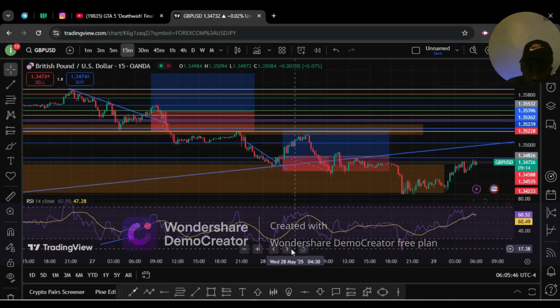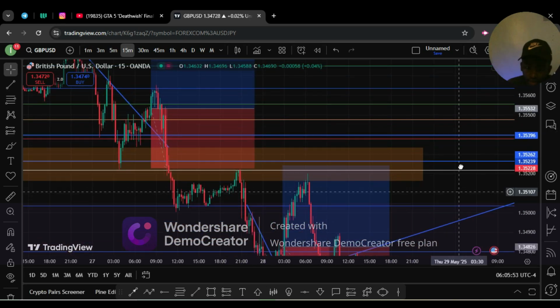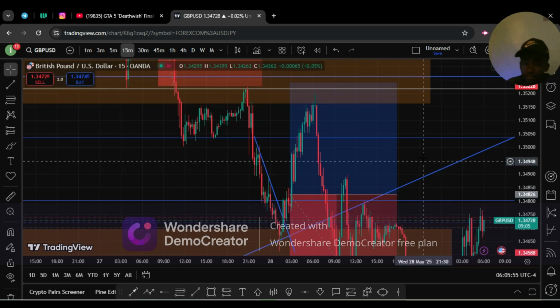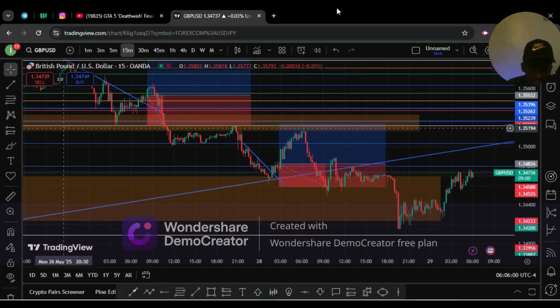And the reason why I also had high hopes in this trade is because I knew that yesterday the dollar would be weak and GU would be stronger, guys. So the reason why I entered this trade was this break and retest.